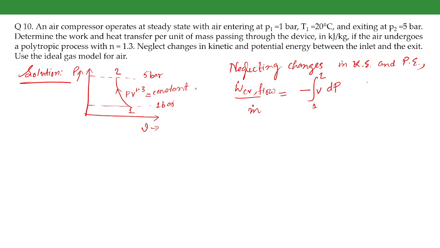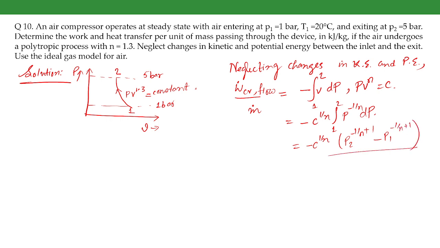Here PV to the power n is constant. So we replace it with minus C to the power 1 by n, integration from 1 to 2, P to the power minus 1 by n dP. So we can write it as minus C to the power 1 by n, and this is P2 to the power minus 1 by n plus 1 minus P1 to the power minus 1 by n plus 1, divided by minus 1 by n plus 1.